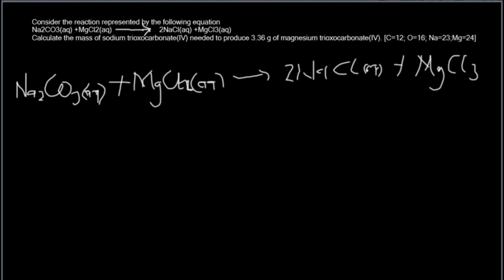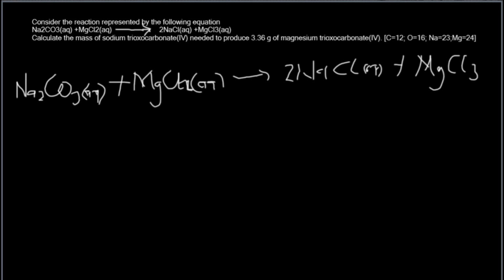So he said we should consider this reaction. Then calculate the mass of sodium trioxocarbonate IV needed to produce 8.36 grams of magnesium trioxocarbonate IV. C equals 12, O equals 16, Na equals 23, Mg equals 24.